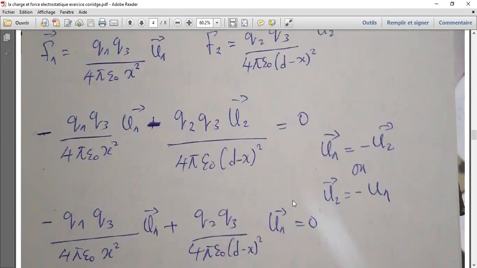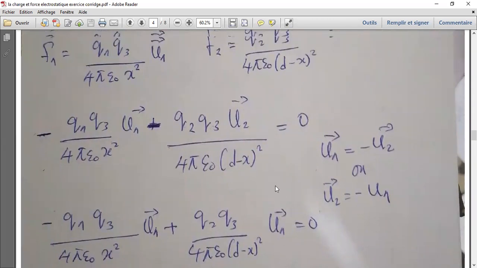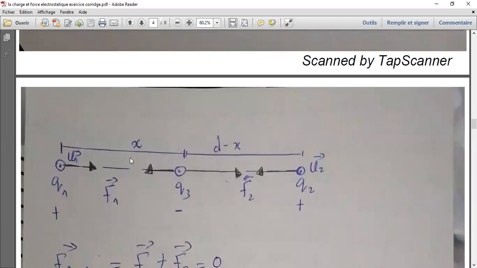Just repeating what I was saying: if you see here the directions, U1 is coming from the left towards the right, and U2 is coming from the right towards the left. My main goal is to calculate x.